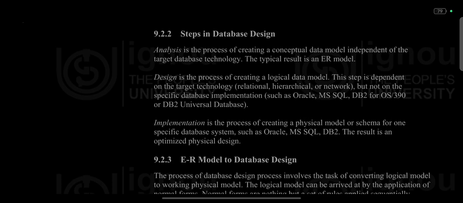This step is dependent on the target technology, relational, hierarchical, or network, but not on the specific database implementation, such as Oracle, MS SQL, DB2 for OS/390 or DB2 Universal Database. Implementation is the process of creating a physical model or schema for one specific database system, such as Oracle, MS SQL, DB2. The result is an optimized physical design.